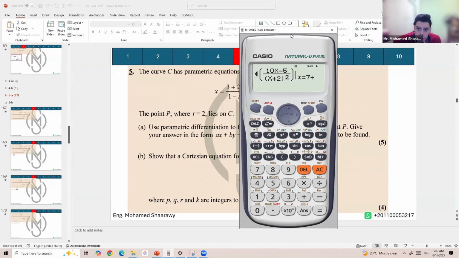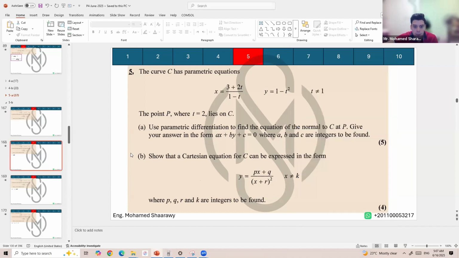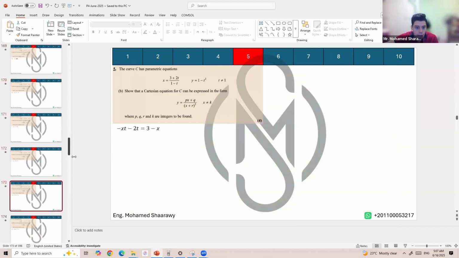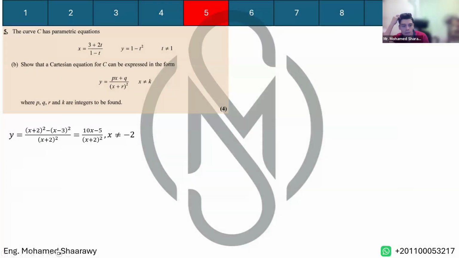So when t equals 2, this one will be 7, and this one will be -7, right? So the slope will be -0.8, which is -4 over 5. And actually, I got this value. If you remember, I actually got this with the -4 over 5, yes. Okay, let's continue. This makes me confident.